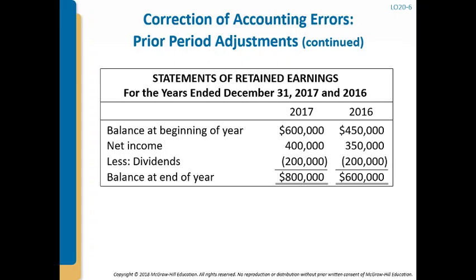Okay, so here we have this company, and let's say in 2016, income was overstated by $20,000.